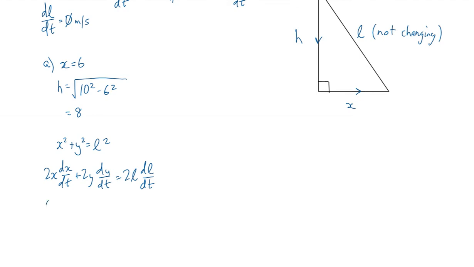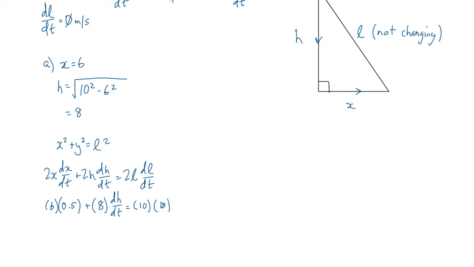So x is 6, dx by dt is 0.5. h is 8. Sorry, not y, h. Whoops, see, in my head I changed it. You probably noticed that, didn't you? h is 8. And dh by dt is what we are looking for, so that's still unknown. L is 10. Notice again that all the 2's disappeared. But dL by dt is 0, so that's just going to be gone.